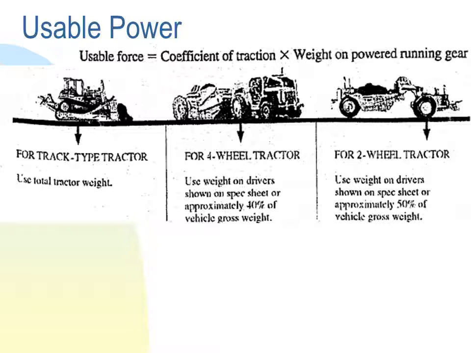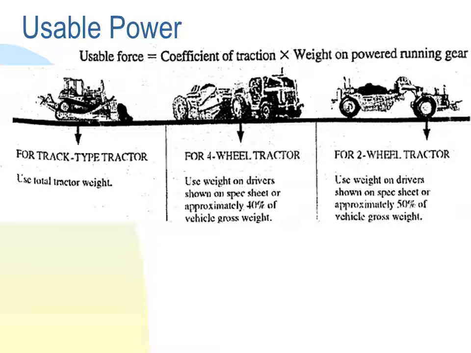In a 4x4 truck or a 4x4 tractor or a 4x4 vehicle, they all contribute to applying the force. However, in a regular car, you don't have that situation. Only one axle will contribute.